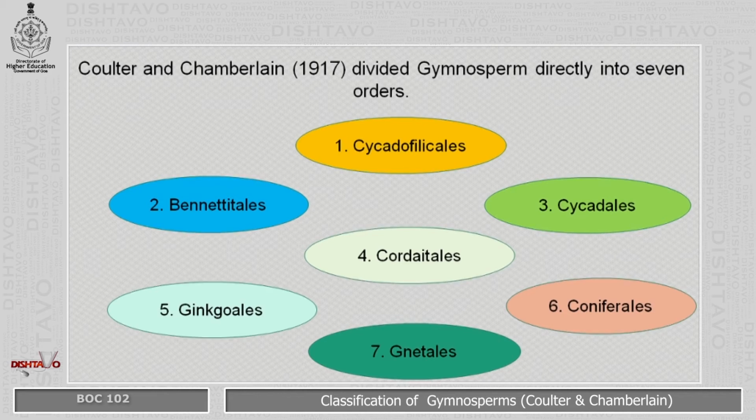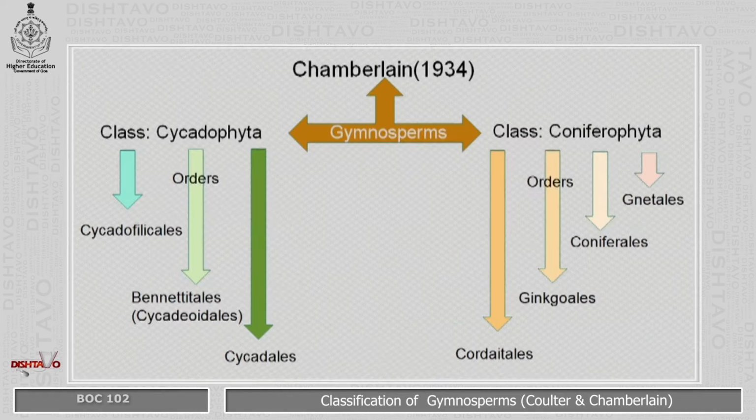They are Cycadophylicales, Bennettitales, Cycadales, Cordaitales, Ginkgoales, Gnetales and Coniferales. In the year 1934, Chamberlain classified gymnosperms broadly into 2 groups, class Cycadophyta and class Coniferophyta.